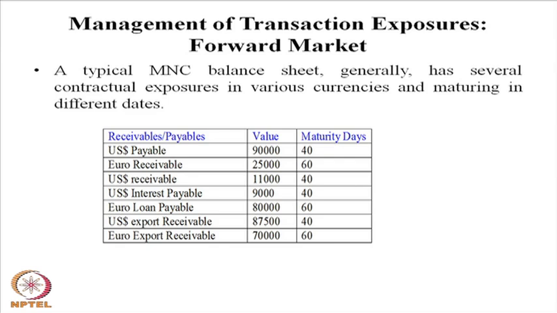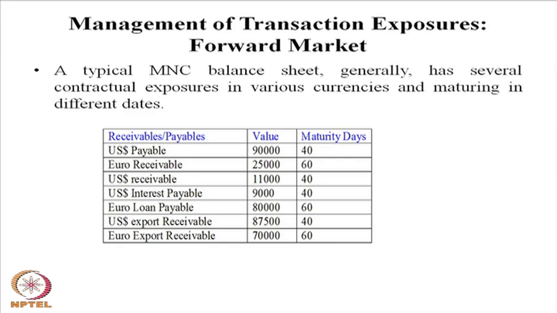Their exposures are not confined to one currency or one country. They have multiple exposures in multiple countries and multiple currencies, and the maturity of each currency is different, with different dates for different currencies. Whenever they are exporting or importing, the multiple currencies create a different kind of transaction exposure which needs to be addressed.